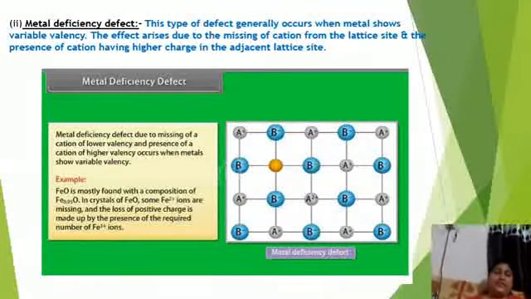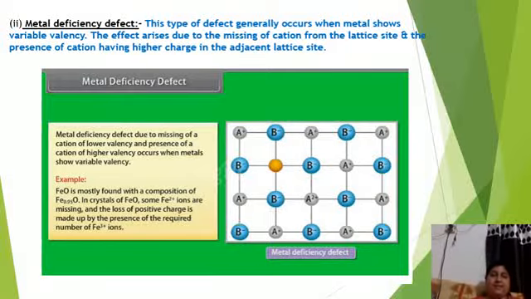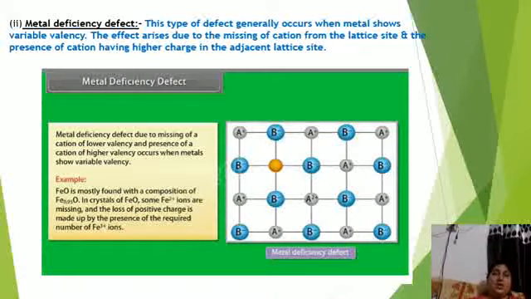The last one is metal deficiency defect. Metal deficiency defect means shortage of metal, meaning here the cation will be missing. Okay. Metal deficiency defect is represented by those crystals in which the metal has variable valency. Variable valency means having more than one valency.